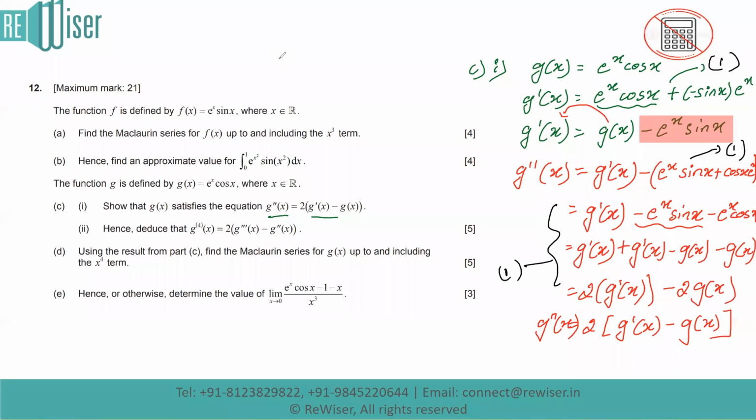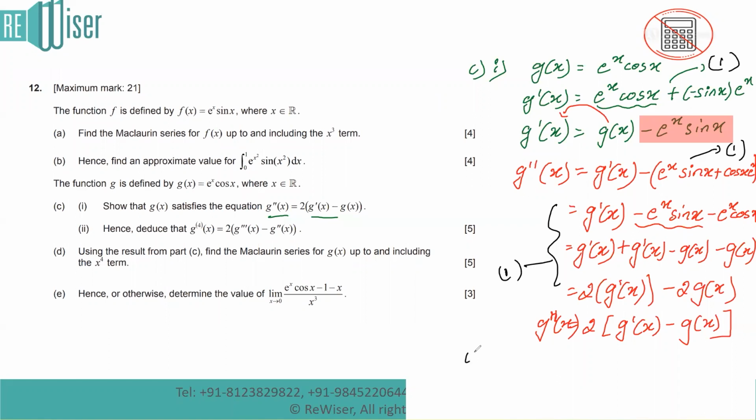Now, the next part carries only 2 marks, which is C part 2. We need to find the fourth derivative, so I'm just going to find the derivative of these things once again.